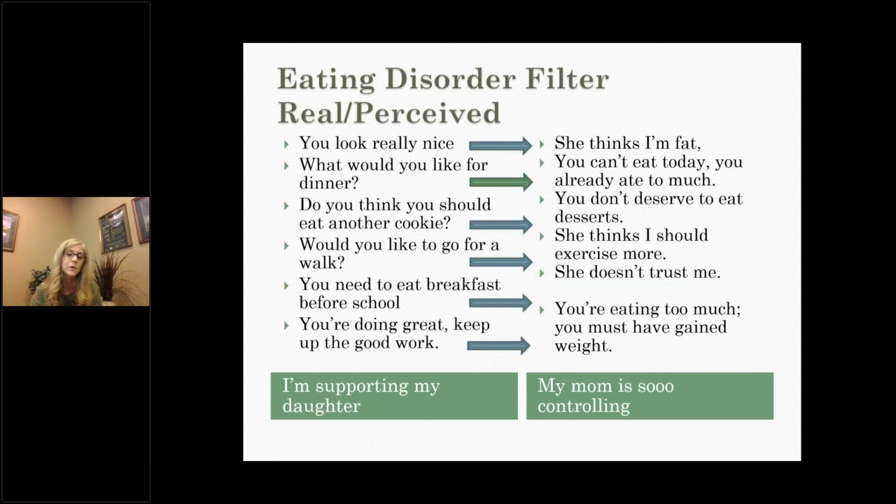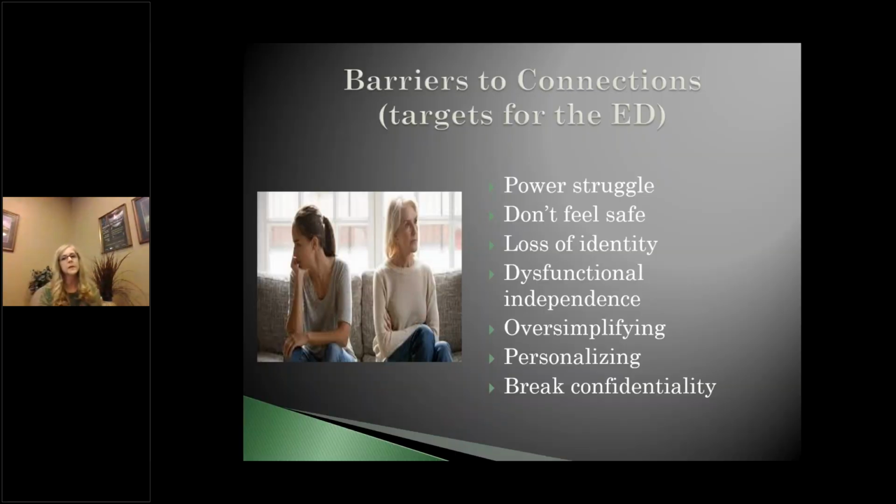So barriers, what are the barriers to building these connections? I mentioned earlier that in order to have that healthy family dynamic and communication, we need to know what those barriers are. For instance, power struggling is very difficult to avoid at many times, but it's also important to know the power struggle will end nowhere.